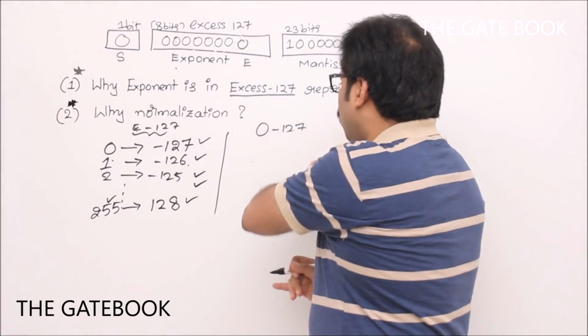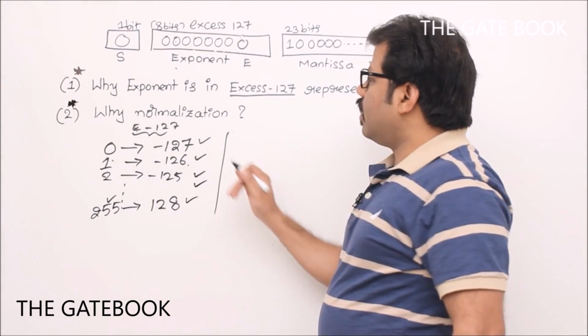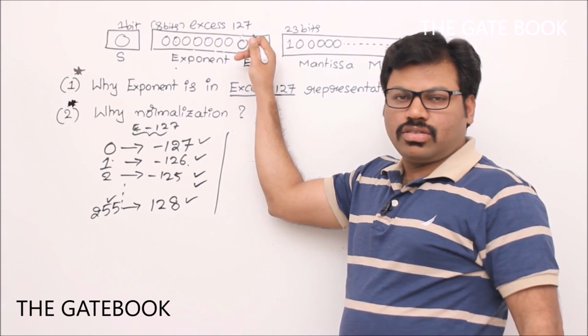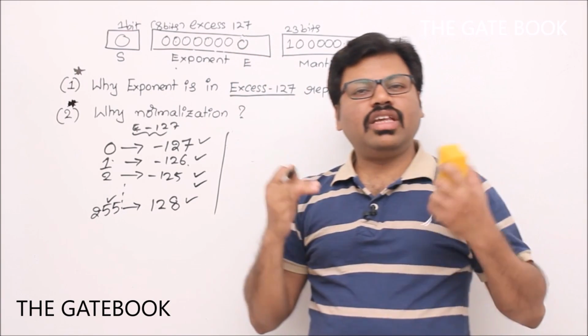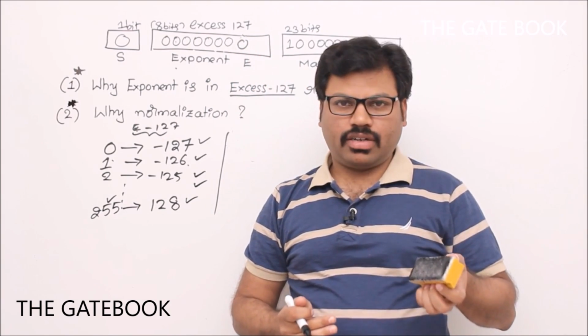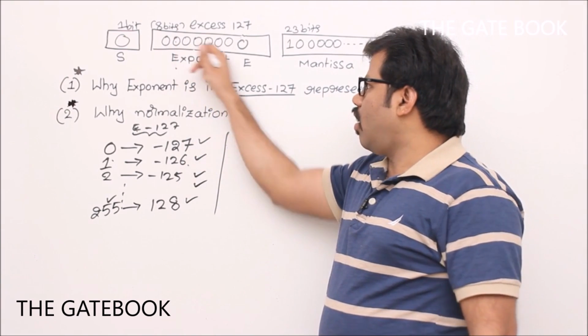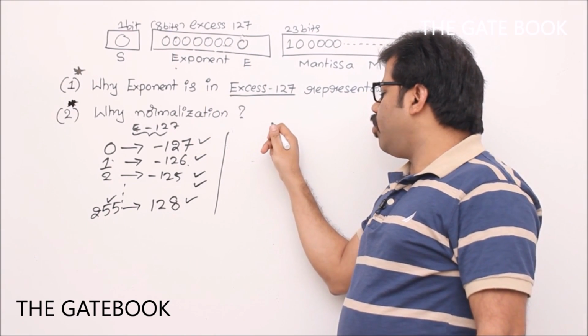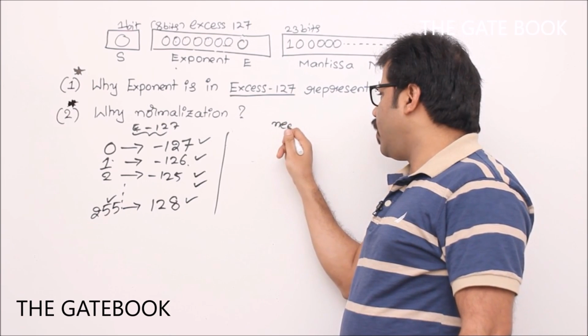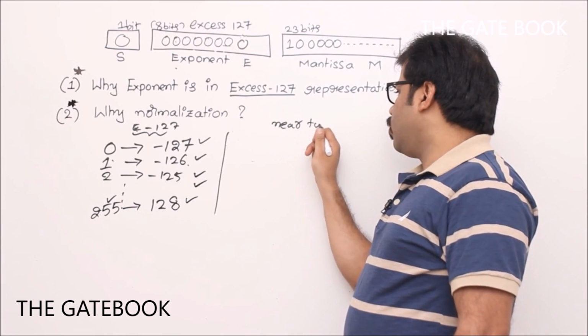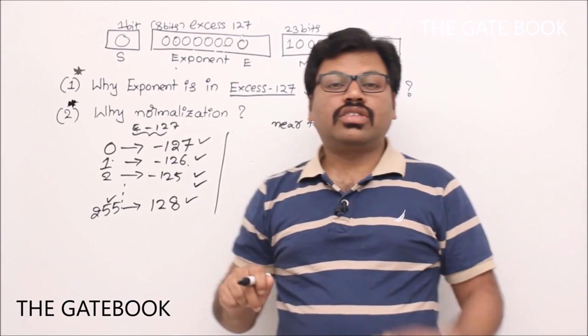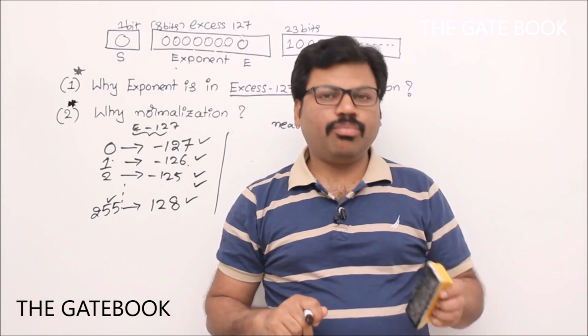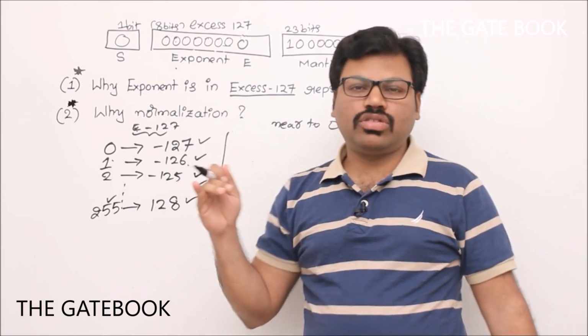So now you can easily understand that this pattern of all zeros is representing a very small number, like 0, correct? That means when this is all zeros, then your real number is also near to 0, very small. That means your circuitry design will be simpler to check whether a number is almost 0 or not.